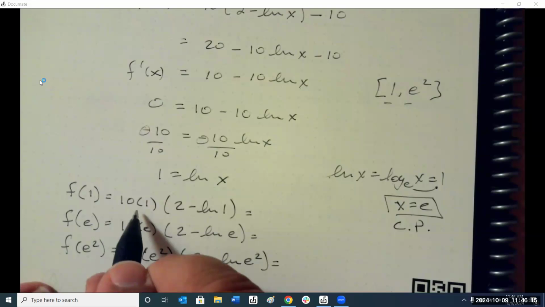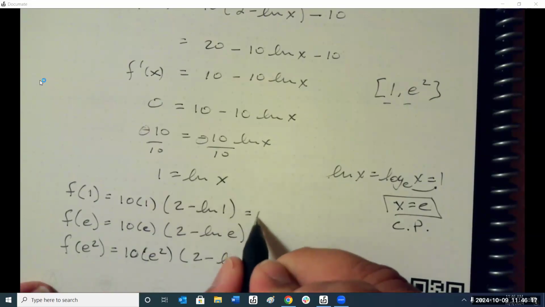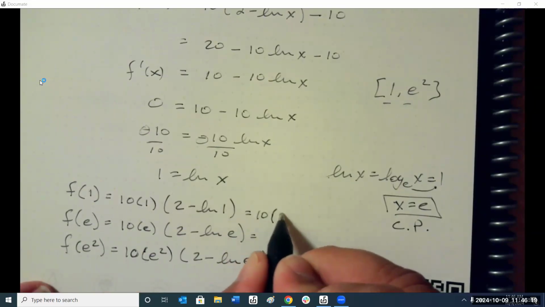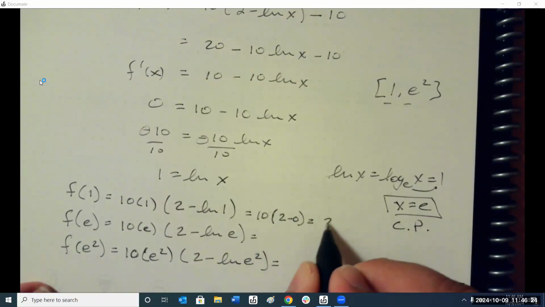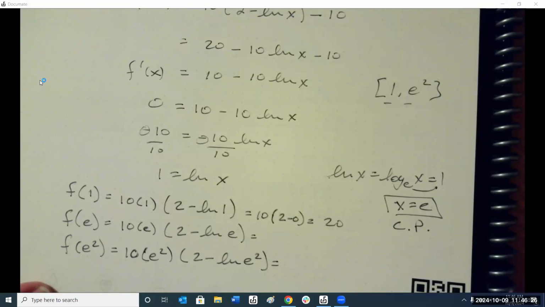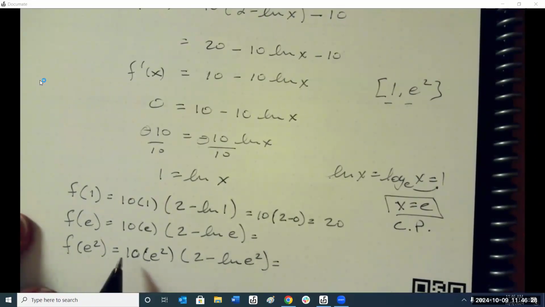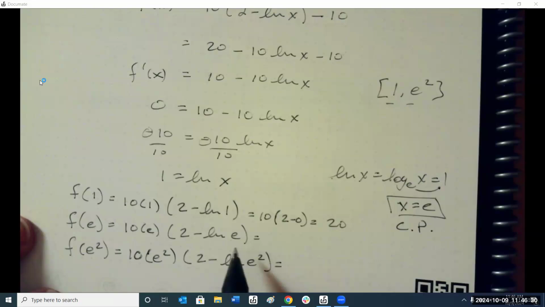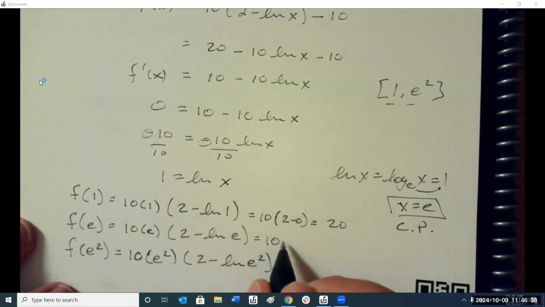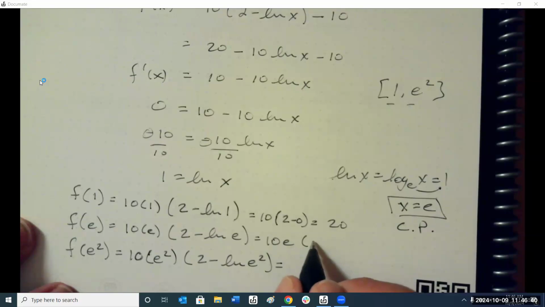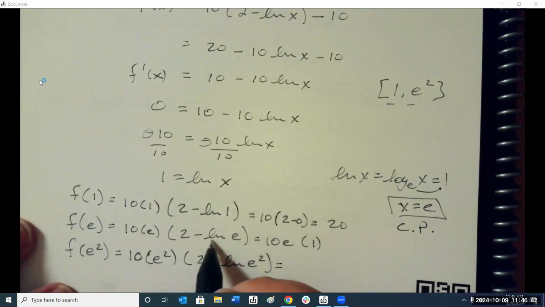So 10 times 1 is 10, times 2 minus 0 is 20. For e, we have 10e, ln e becomes 1.